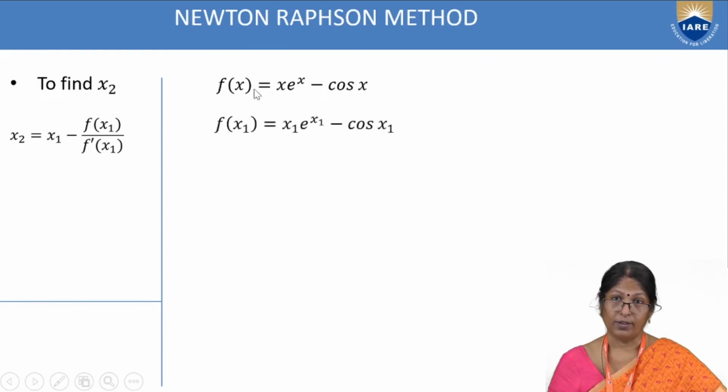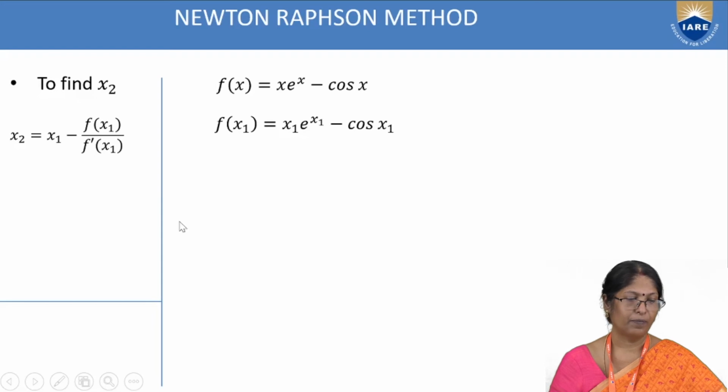We want the formula to find x2, that is x1 minus f of x1 by f dash of x1, to substitute. Here, we know the value x1, that in the last slide it was explained, but we don't know f of x1 and f dash of x1.